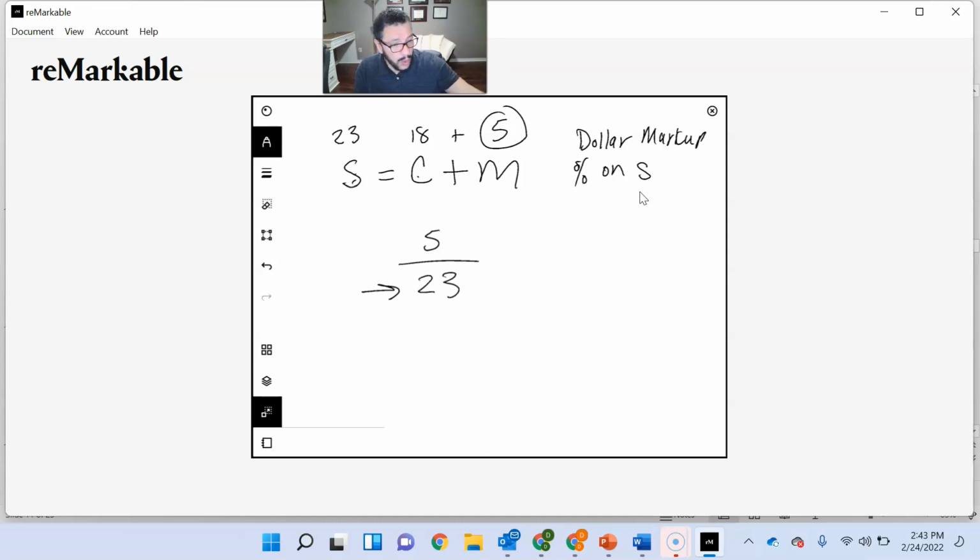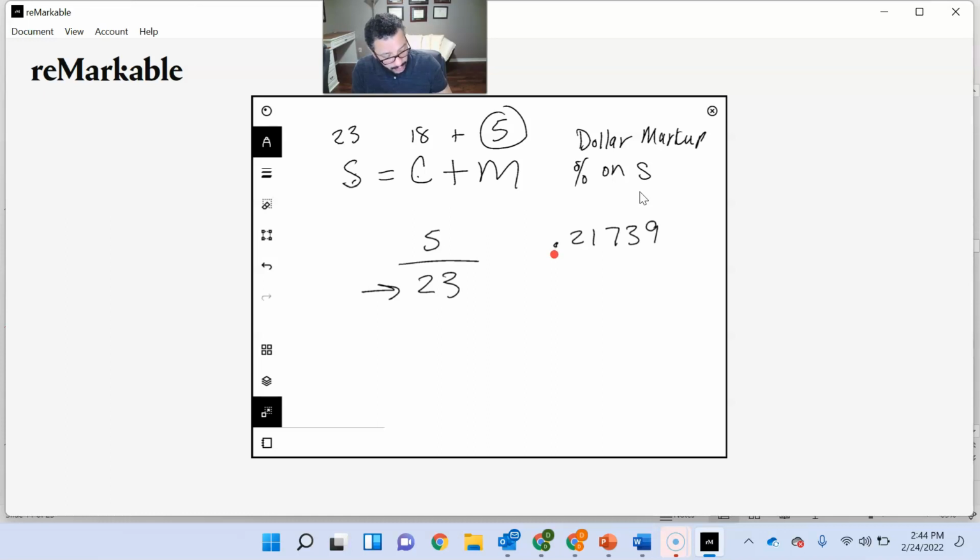So then what is 5 divided by 23? I'm getting my calculator, which I encourage you to do. 5 divided by 23 equals 0.21739.